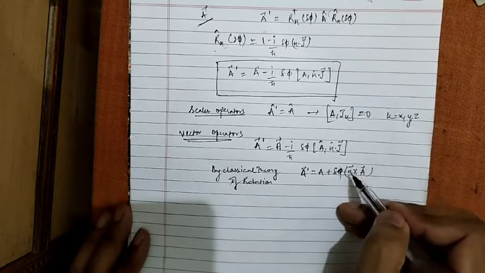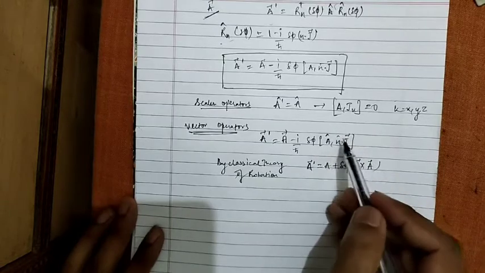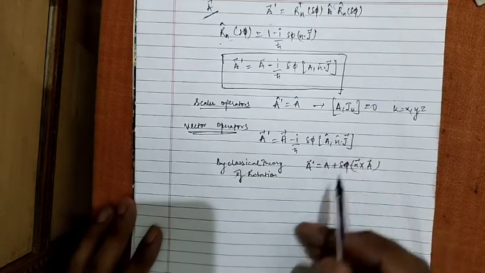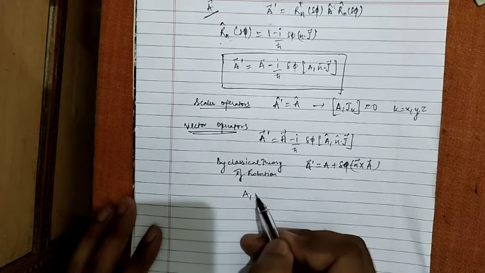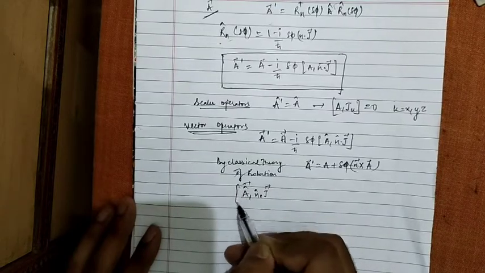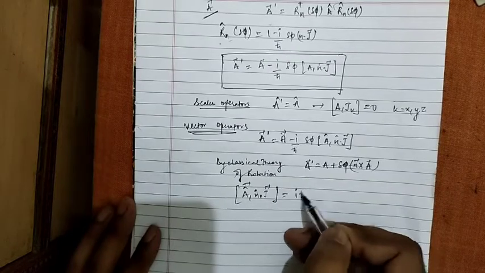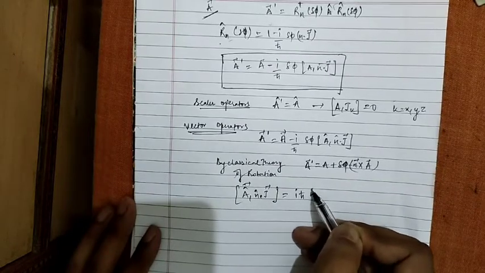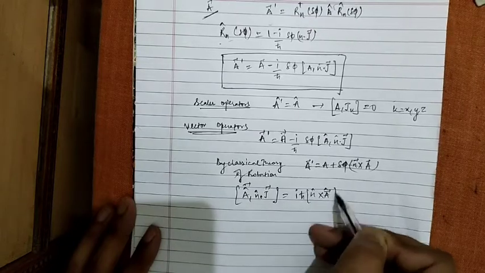Okay. On comparing both sides, we can easily find the value of this commutation relation for the transformation of a vector: the commutator of A with n dot J is equal to i h cut n cross A. Simple.